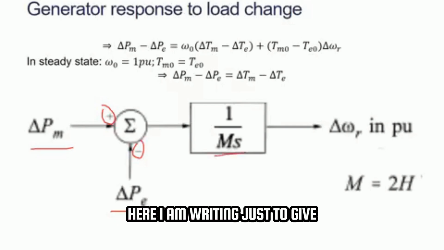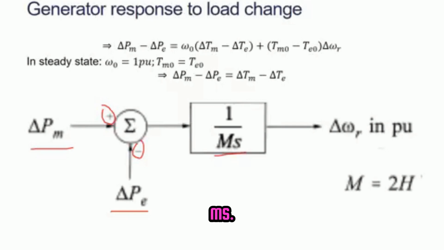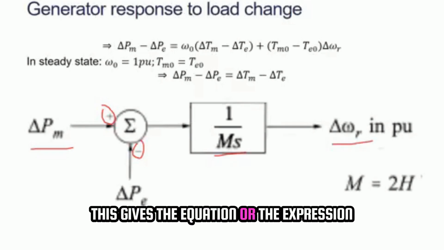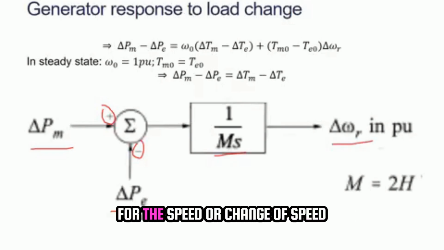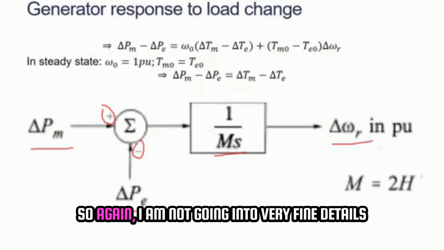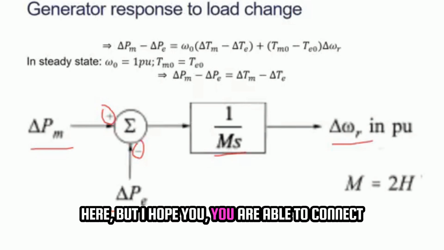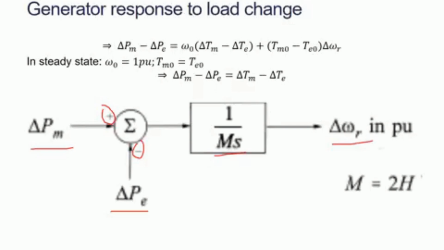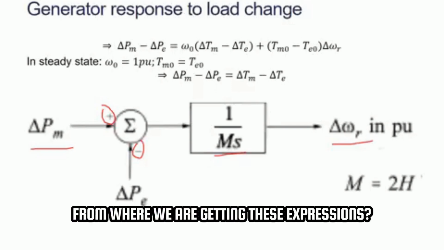Here I am writing M just to give a common term for it, Ms, and s is the Laplace operator. This gives the expression for the speed or change of speed in the rotor in per units. Right, so again I am not going into very fine details here, but I hope you are able to connect it. Or is there any issue in the connection from where we are getting these expressions?